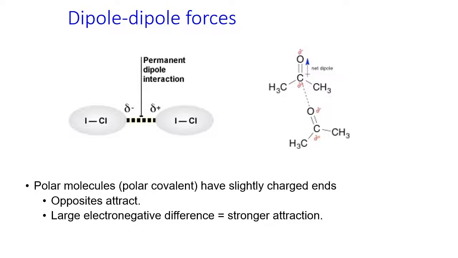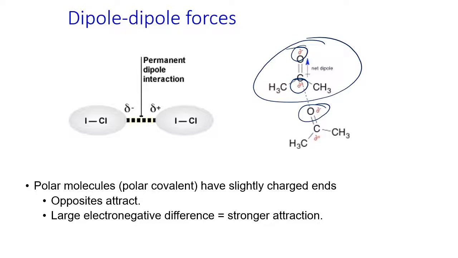So in terms of dipole-dipole forces, polar molecules, polar covalent molecules at least, have slightly charged ends. Okay, so we can see this here with acetone. There's the slightly negative end of the oxygen and the slightly positive end of the carbon. So adjacent molecules which are also polar will be attracted.